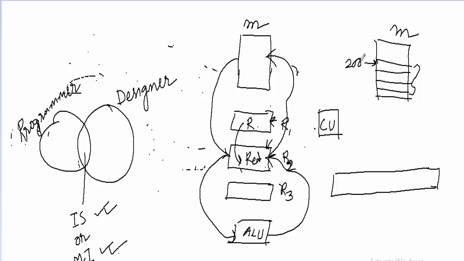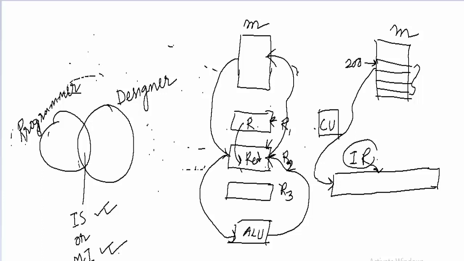We take each instruction from memory one at a time and put it into a special register called the instruction register. Every computer will have this special register.